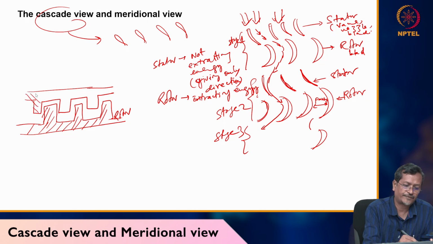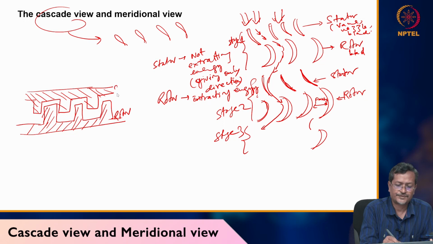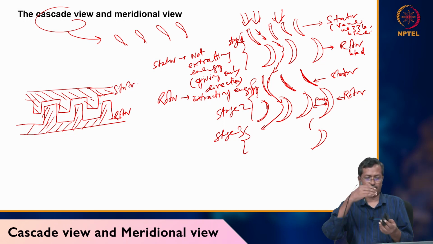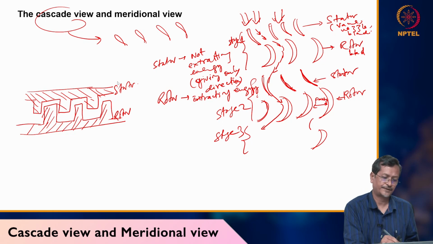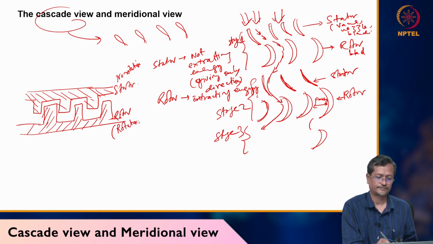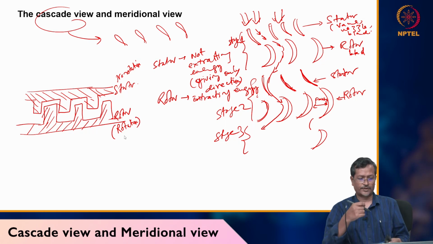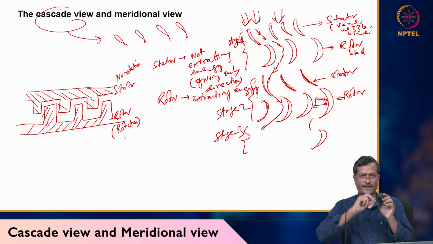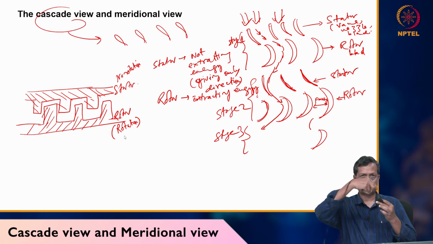I will be putting different hatching lines for the stator. So rotor rotates, stator is not rotating. The rotor will be connected to the shaft and will be rotating continuously, and the stator is not rotating.